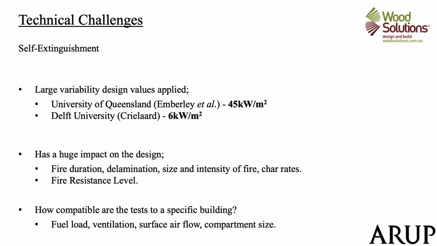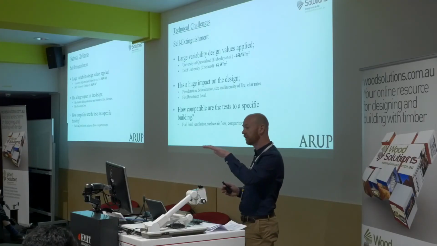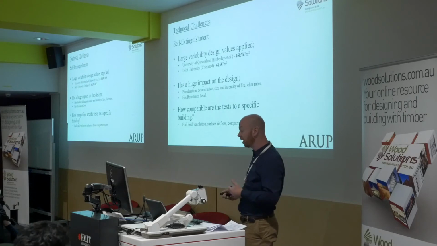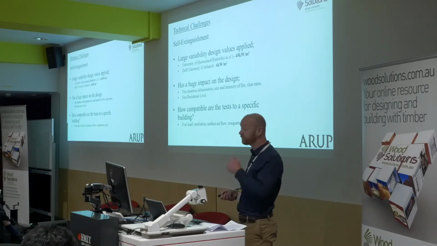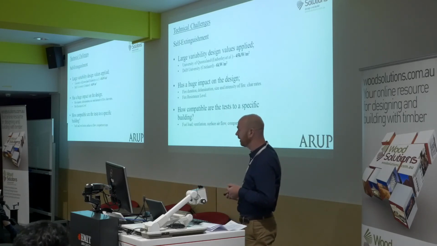University of Queensland did a really good experiment where they specifically set out to demonstrate that self-extinguishment can occur, and they did that by putting in the perfect ventilation characteristics, the perfect airflow across the exposed surface, a really low fire load, and they managed to demonstrate that you could get self-extinguishment at 45 kilowatts per meter squared, which is a pretty high incident heat flux.